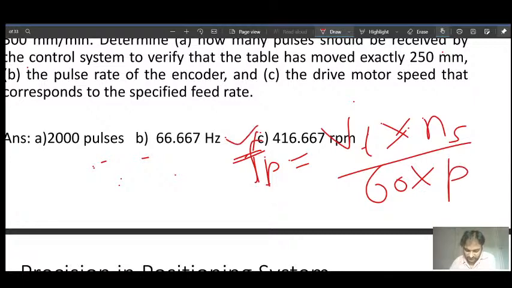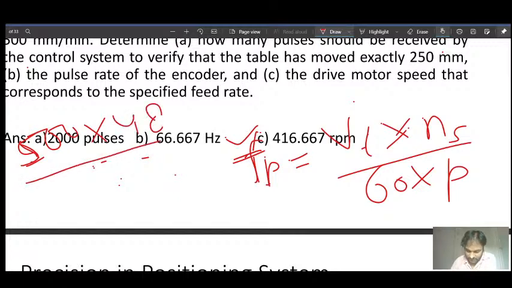So you need to find out pulse rate, that is frequency, pulse frequency. So Vt you are given, we will use the same 500 mm per minute, 500, and then number of step angle 48, number of slots, and 60 into P, 6 given. So here, 400 by 6. So you only need to calculate.